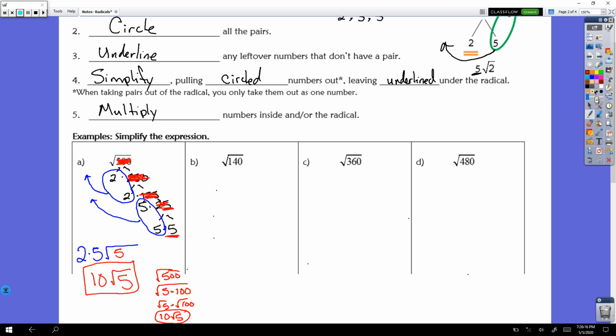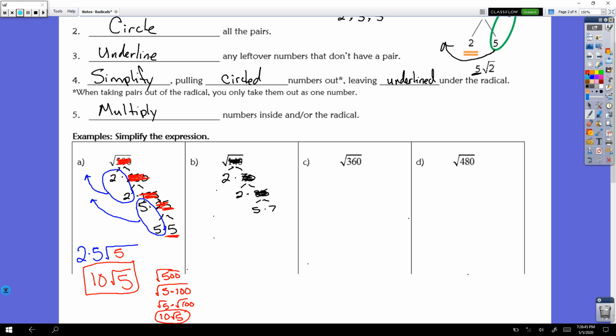Alright, let's look at example B. Again, I'm going to start by breaking it down, and then I'll show the perfect square way. So 140. 140 is going to break down into 2 times 70. 70 is going to break down into 2 times 35. And then 35 is going to break down into 5 times 7.